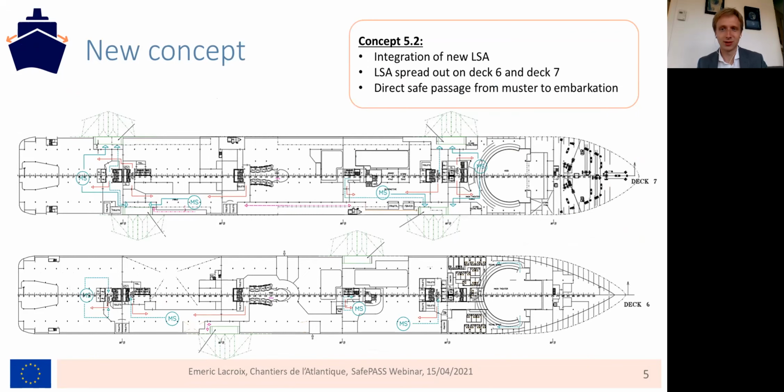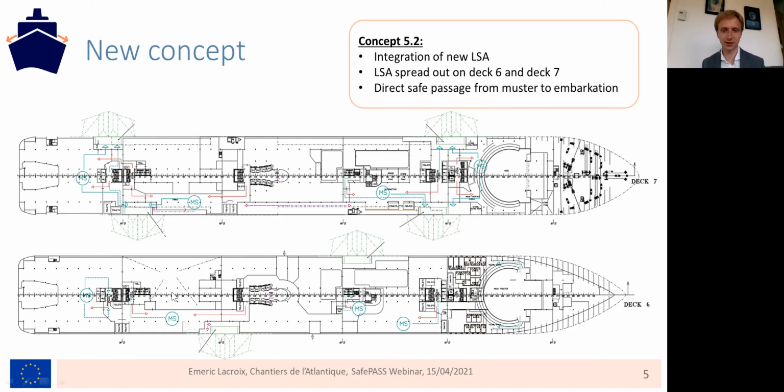Here is a concept that we call 5.2. It is an interesting concept because we went quite far with this one. So here we integrated the new LSAs. You can see the LSAs being represented as boxes, with fancy stuff around them.